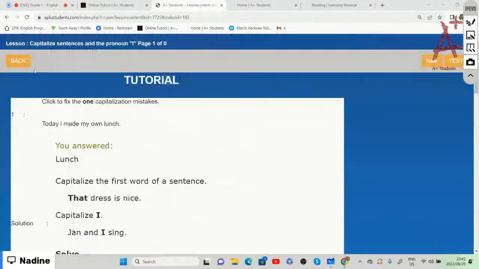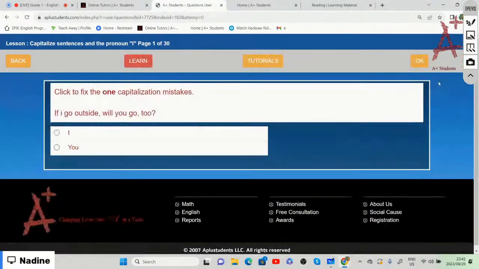All right, so now we say that we capitalize sentences as well as the pronoun I. So now we go to the test. We need to find and fix the one capitalization mistake. "If I go outside, will you go too?"